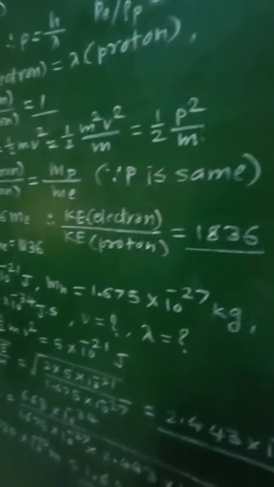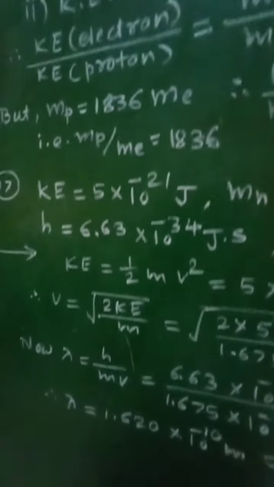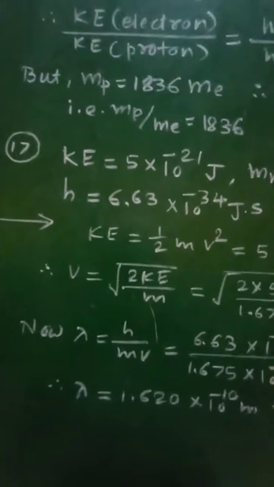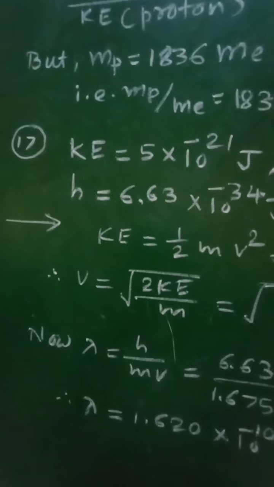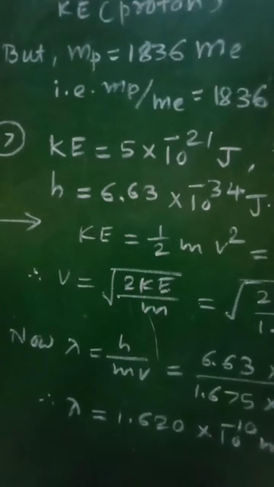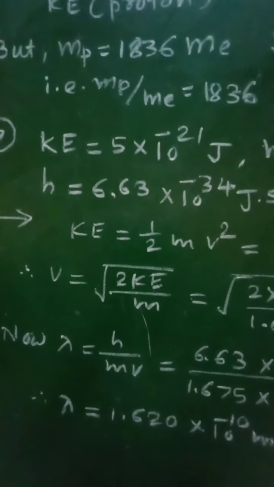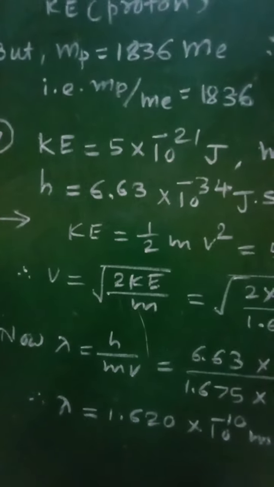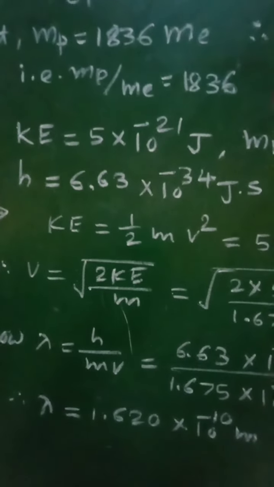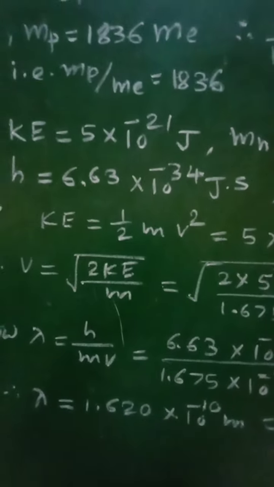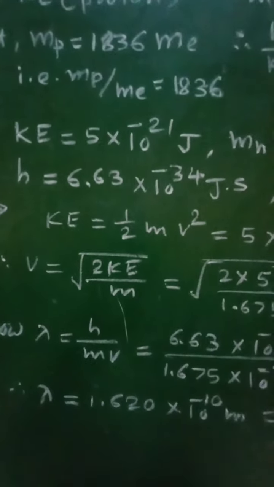Then we will go for the next numerical, numerical number 17, which is given as: in nuclear reactors, the neutrons travel with energies of 5 into 10 raised to minus 21 joule. Find their speed and wavelength.